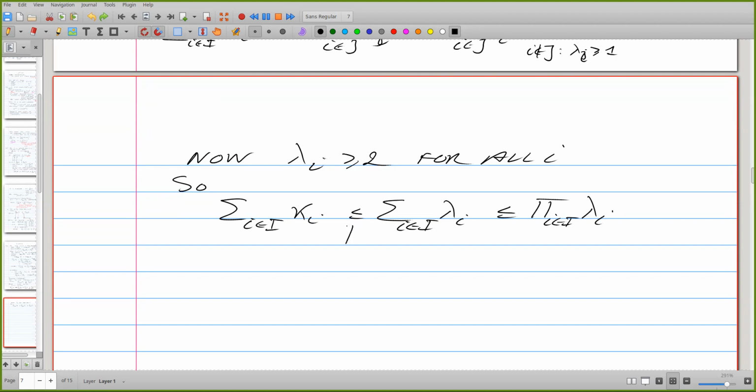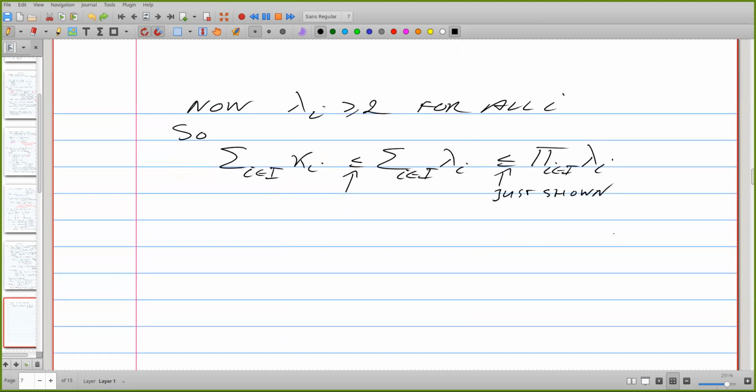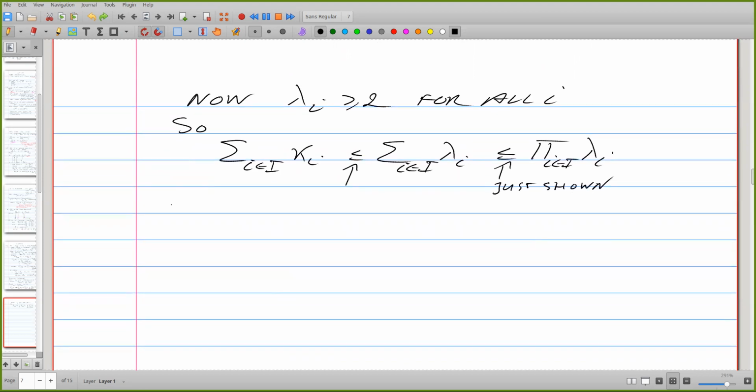This is clear: every kappa_i is less than every lambda_i, so the sum of the kappas can be at most the sum of the lambdas. On the other hand, we have just shown that if all the lambdas are at least 2, then we get this inequality. That's what I meant by we're going to need the case lambda_i at least 2, just in this particular case. Okay, we have less than or equal.